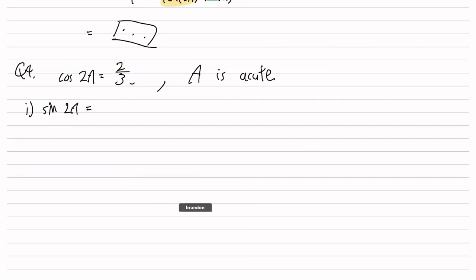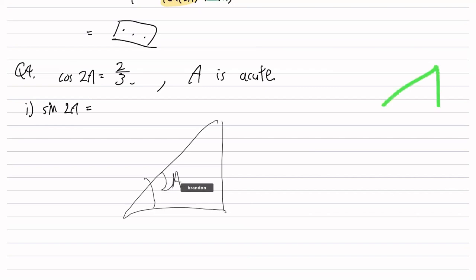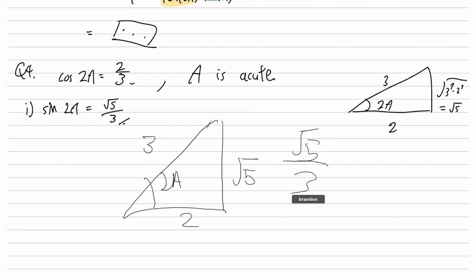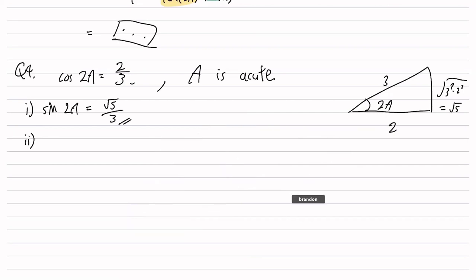So you use right angle triangle. Nine minus 4 is 5, so square root 5. So sine is opposite over hypotenuse, square root 5 over 3. Very good.